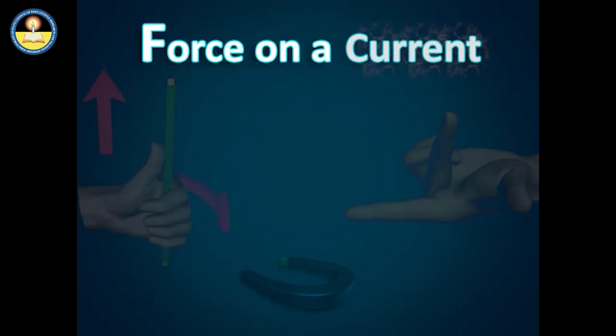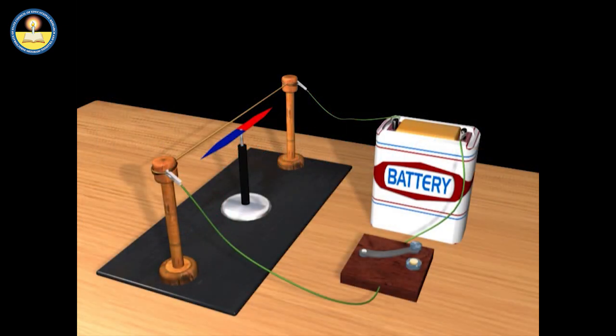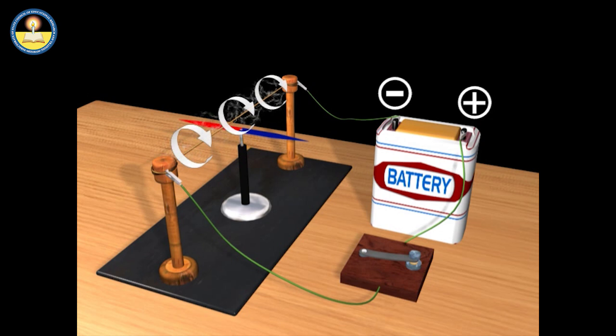Force on a current-carrying conductor. We know that a current-carrying conductor produces a magnetic field around it.